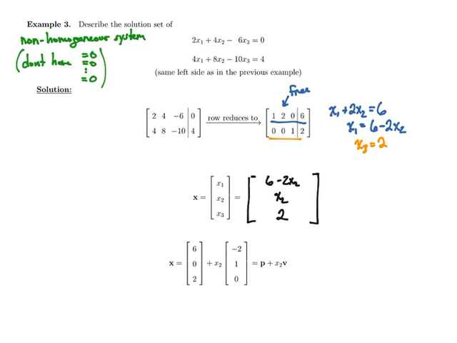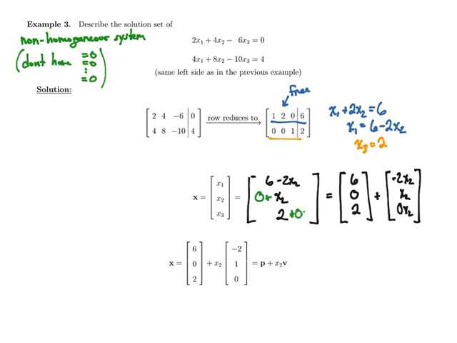And then we could split up that vector. We'll do this one more step. This is the same as 6, 0, 2 plus negative 2x2, x2, 0 times x2. So to see that again, x1 is 6 minus 2x2, x2 is 0 plus x2, and x3 is 2 plus 0 times x2. Kind of writing those zeros in there.